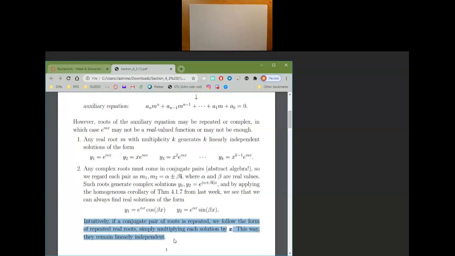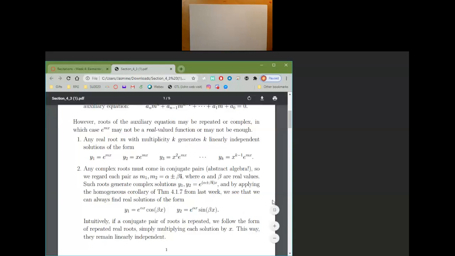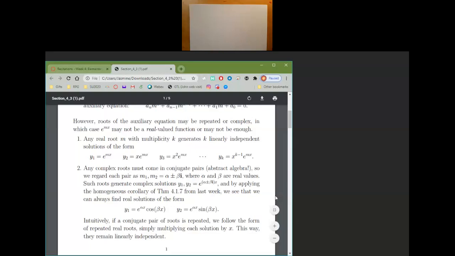Of course, if they are repeated, just similarly to the way that we did these above, we'll multiply an x in front of each solution, so that it is representing the same root, but is also linearly independent from previous solutions. So it's all very intuitive, this section.